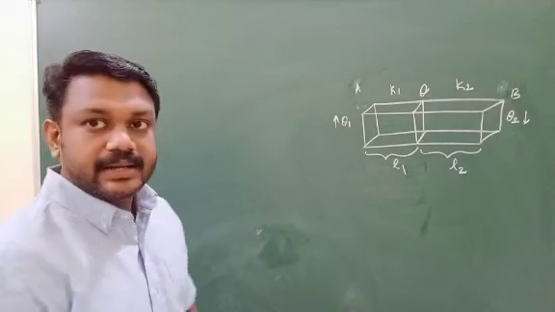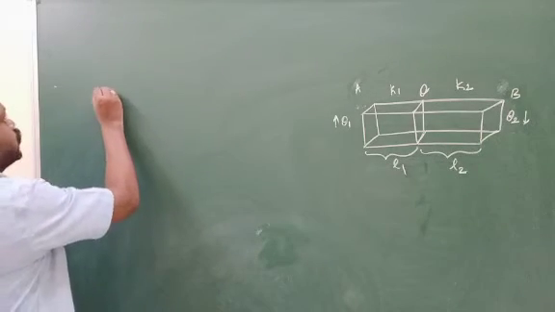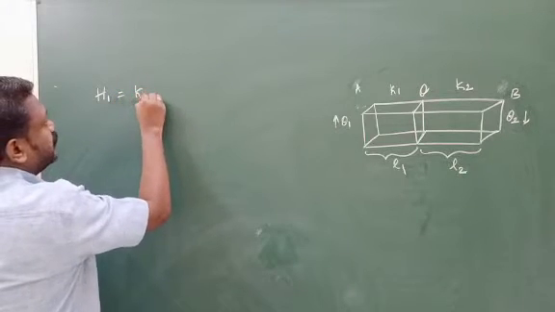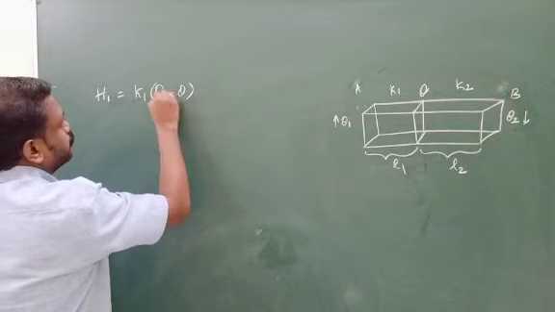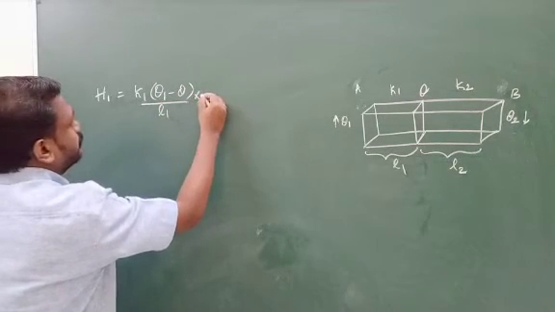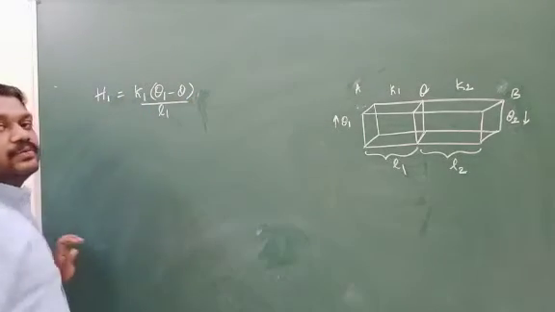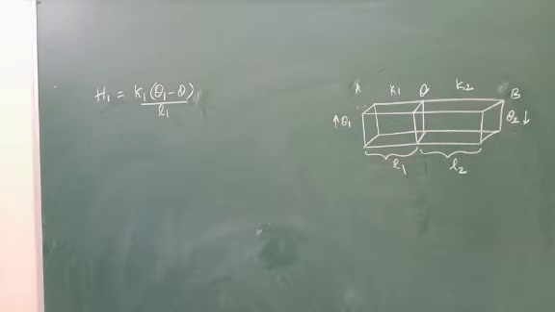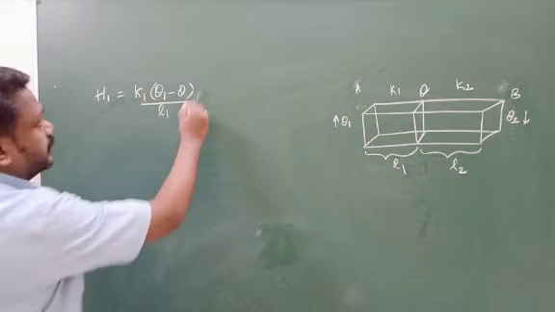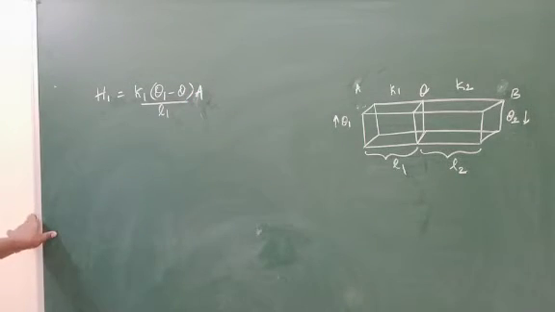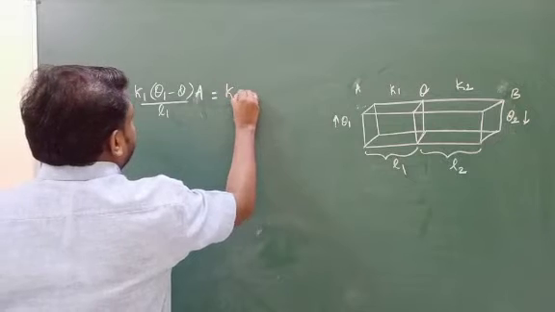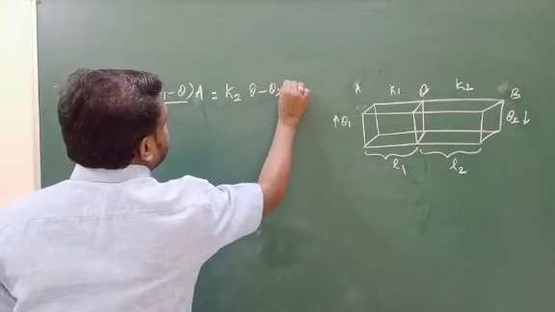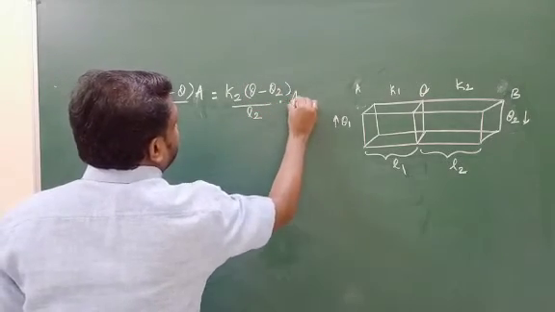So the heat flowing through the first conductor, H1 equals K1 into theta 1 minus theta 2 divided by L1, multiplied by A. So H1 is Q1 divided by T. So Q divided by T through the first conductor is K1 A into theta 1 minus theta divided by L1, which is equal to K2 into theta minus theta 2 divided by L2 multiplied by A.